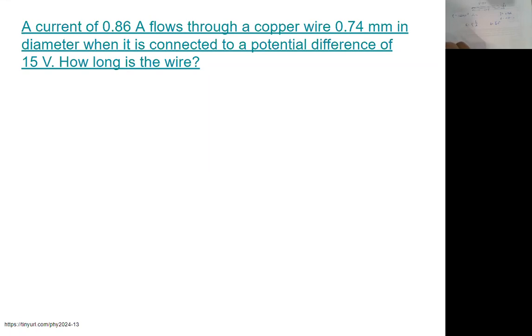You also need Ohm's law here: I is equal to V divided by R. Then you are looking for L. I'll have you work on this, and then we can look at the solution together after that.